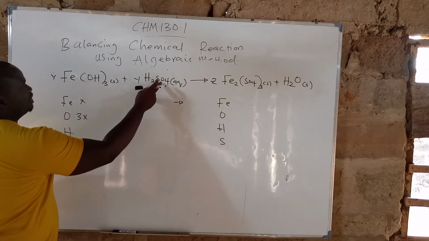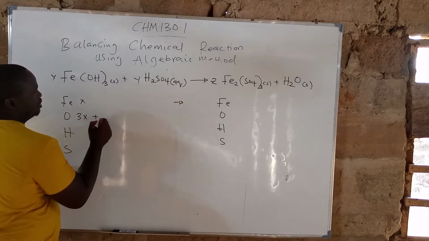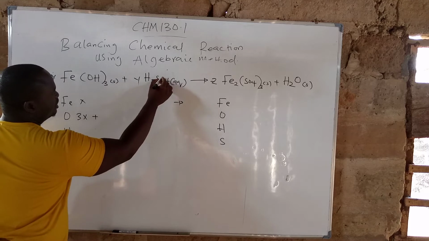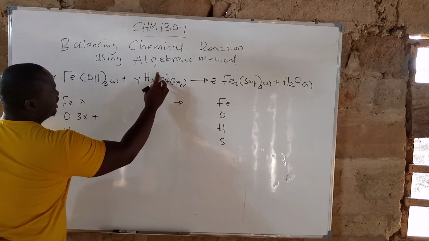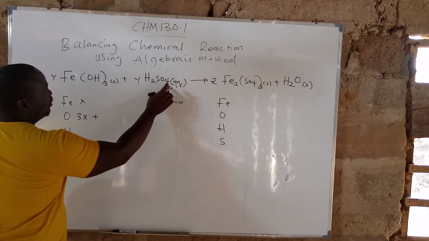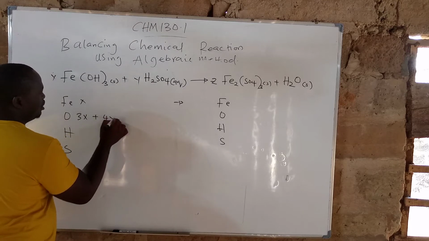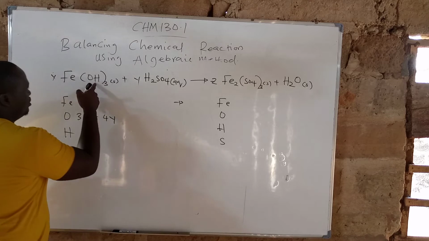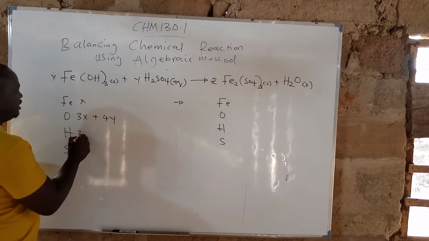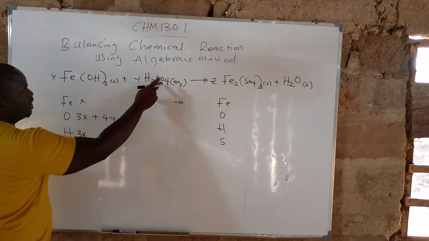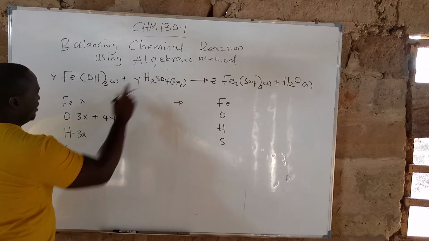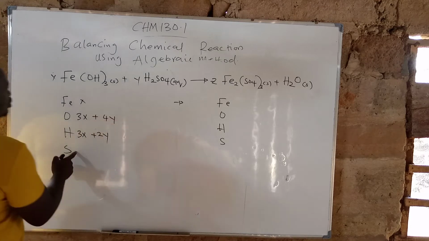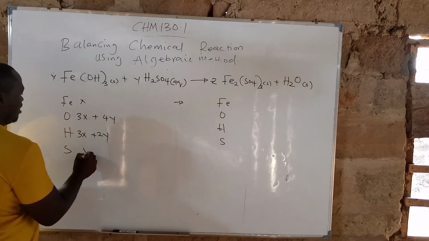We still have oxygen here, which is 1, plus 3X. We have 4 oxygen here, because this is H2SO4, 4 oxygen, so we have 4Y, right? Hydrogen here is 3, 1 times 3 times this, we have 3X. We have another hydrogen here, 2Y, right? The next thing is sulfur. Sulfur is just 1, so we have Y.